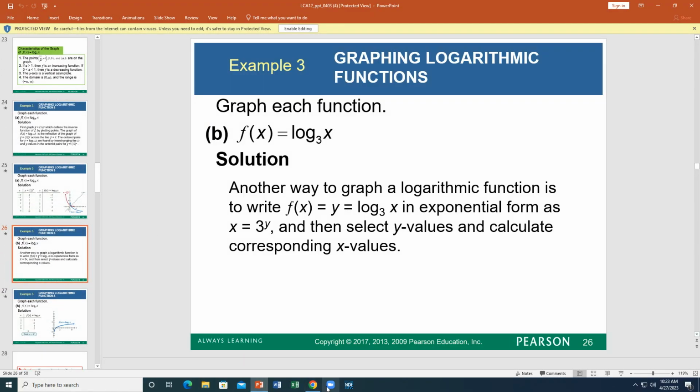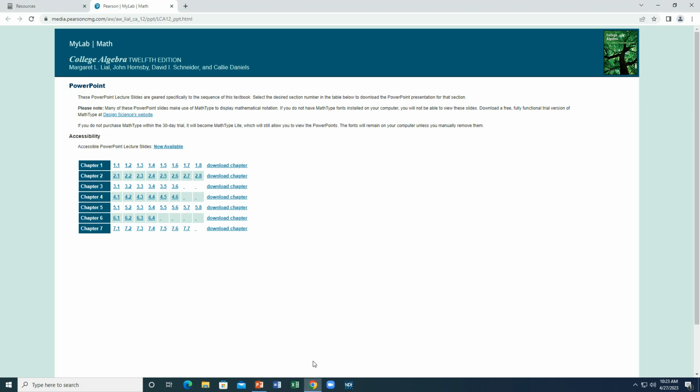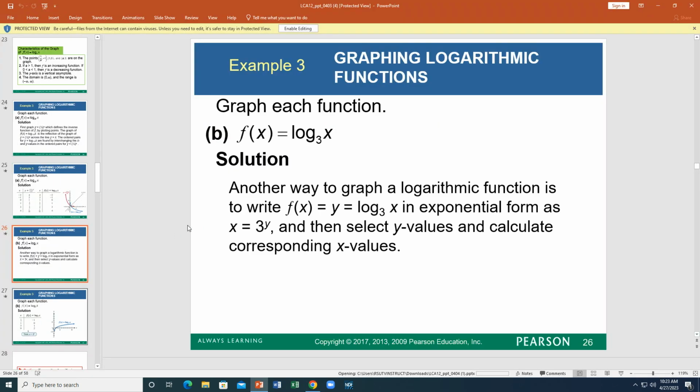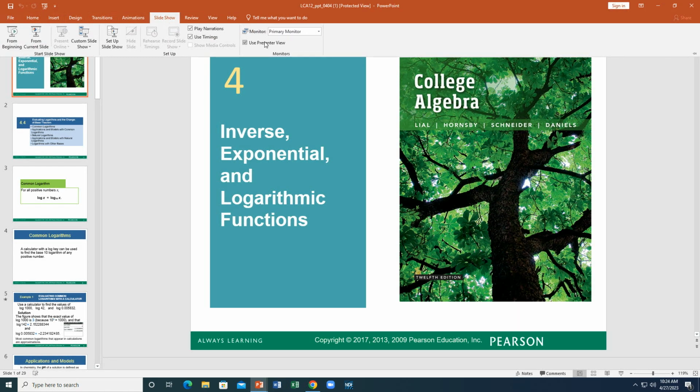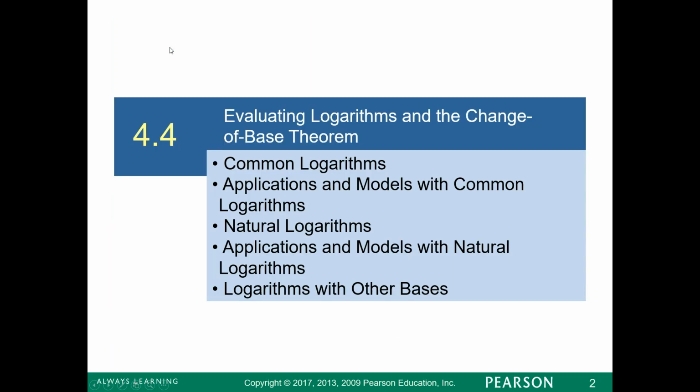So now I want to take you to the next section. It is 4.4, I believe. Let me check on that.